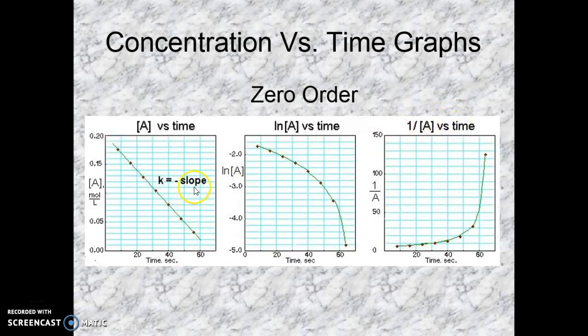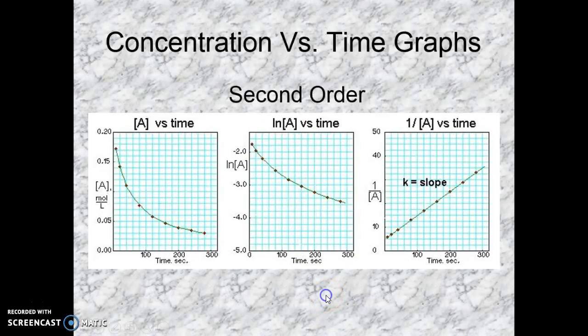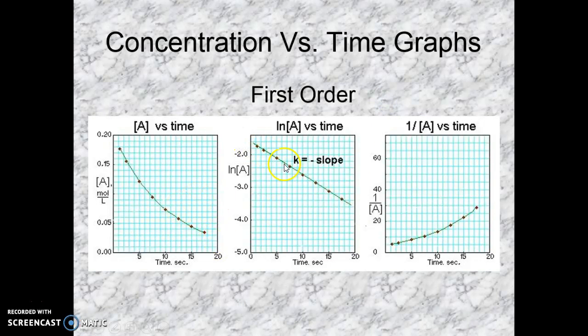So when you graph all three of these, the linear relationship here winds up being the A, so you know it's a zero order. Here, same expression, but if it's a first order, you're going to have the linear relationship in the natural log. And if it's a second order, the linear relationship is going to be at 1 over A. Now notice that in some cases, the linear relationship is a negative slope.